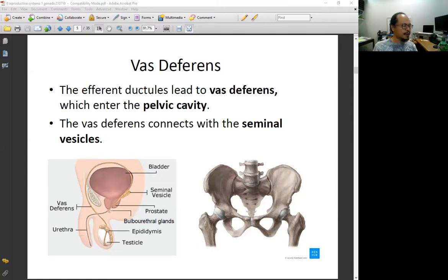And before entering into the urethra, it will also get some fluid from the urethral glands. These glands will provide some fluid with some lubricant into this semen, the fluid mixed with the sperms. So that's that.